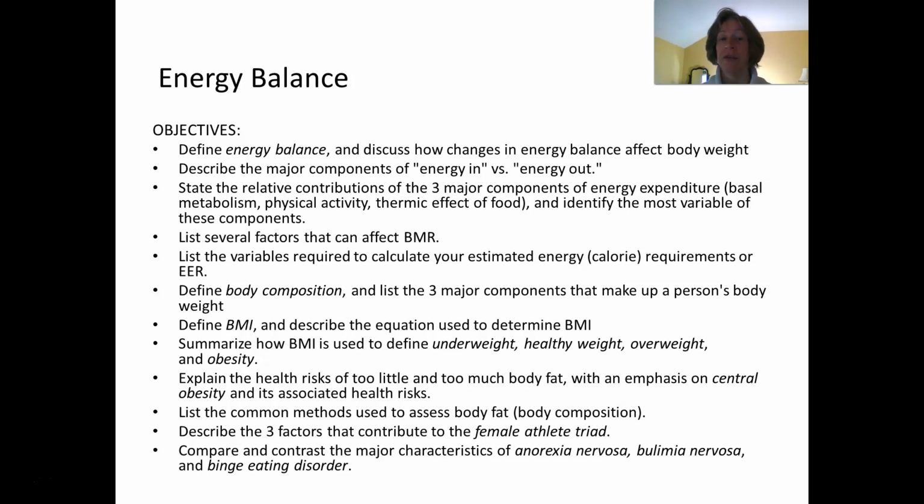We can burn calories through physical activity above and beyond the calories burned through our basal metabolism. Remember, physical activity is the most variable of the three. And then we also expend or burn calories through the digestive process called the thermic effect of food. So I already talked about which one's the most variable. Relative contributions of each. You should know that.